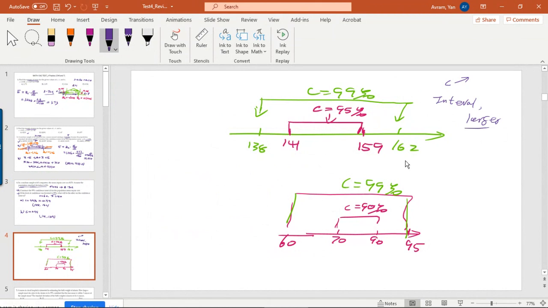All right, so let me compare it with your test score, right? If you want to be 99% confident, what happened? Well, you better have a bigger score range. Like I said, you have 99% confidence that you're going to test from 60 to 95, right?